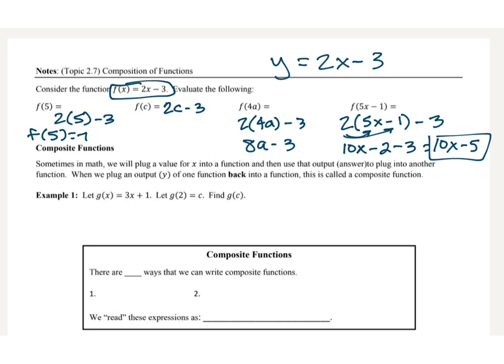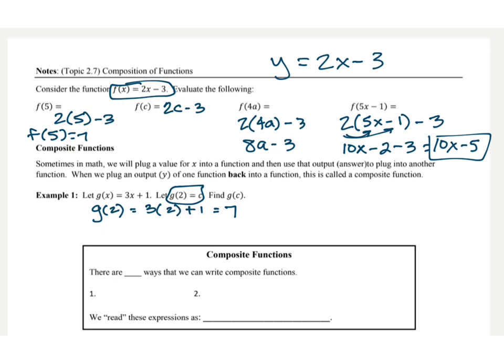G of x equals 3x plus 1. G of 2 is c. So what we've got to do first is find g of 2, which is 3 times 2 plus 1. So 7. We understand that? G of 2 equals 7. Well, they told me right here, g of 2 is c.